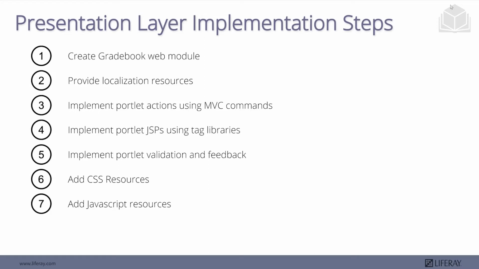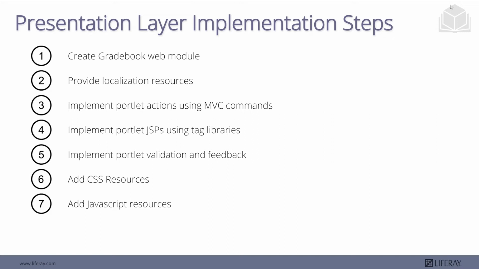We're going to start off by creating that gradebook web module. We're going to see how to provide localization or internationalization. We'll go ahead and implement some of our portlet actions through MVC commands. We'll take a look at our JSPs and see how we can use various tag libraries to help us out with some commonly used aspects of the JSP world.